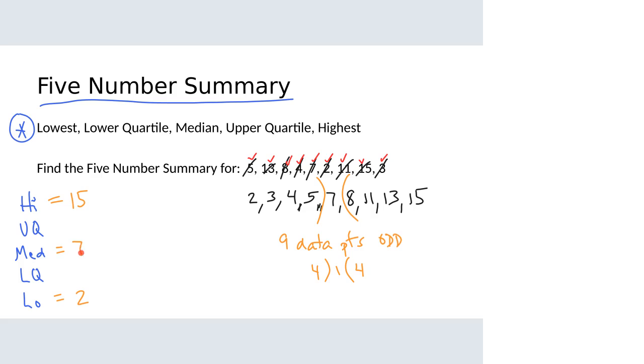Here's a really important part about the 5-number summary. The median is not in either half of the data set.